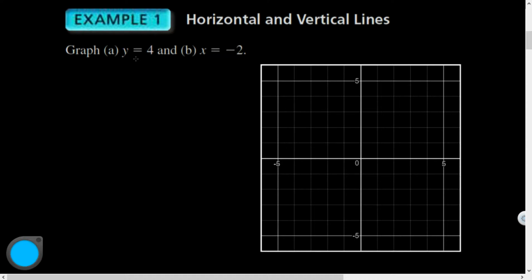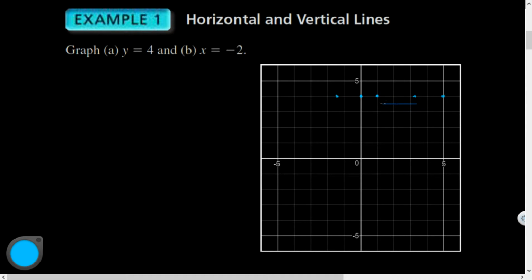Think about it this way. If I wanted to plot every point whose y coordinate was 4, that would be like (0, 4), (1, 4), (5, 4), and like (pi, 4) and (negative square root of 2, 4). All of the points that have 4 as a y coordinate end up being a horizontal line.